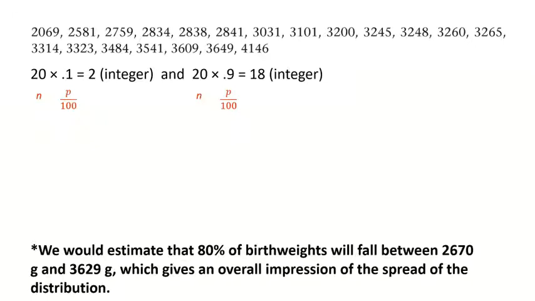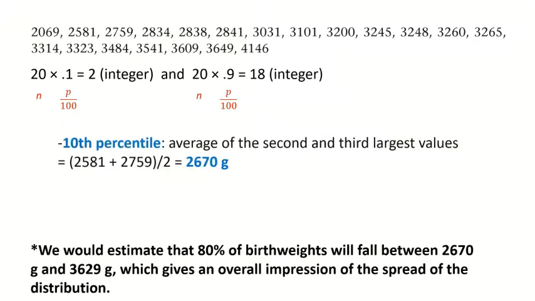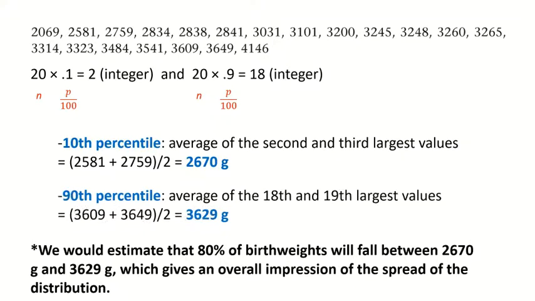Therefore, the 10th percentile is the average of this second data point, which is 2,581, and the next data point, or 2,759. The same is true for the 90th percentile.